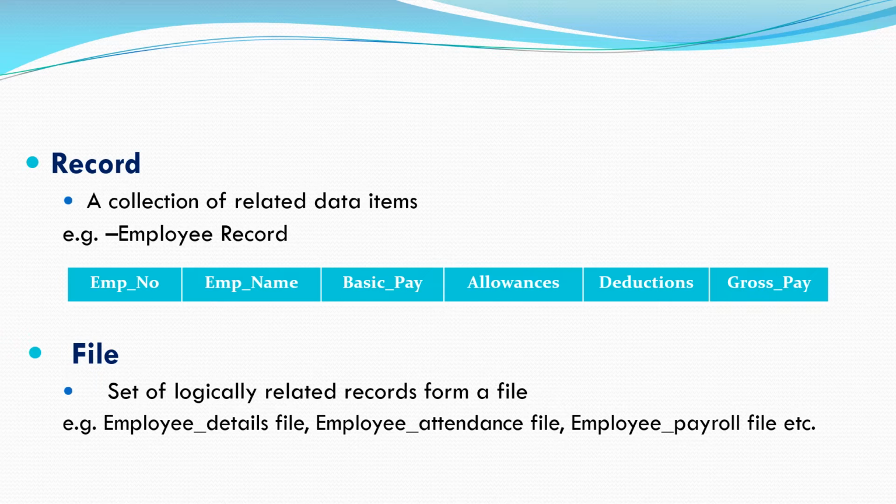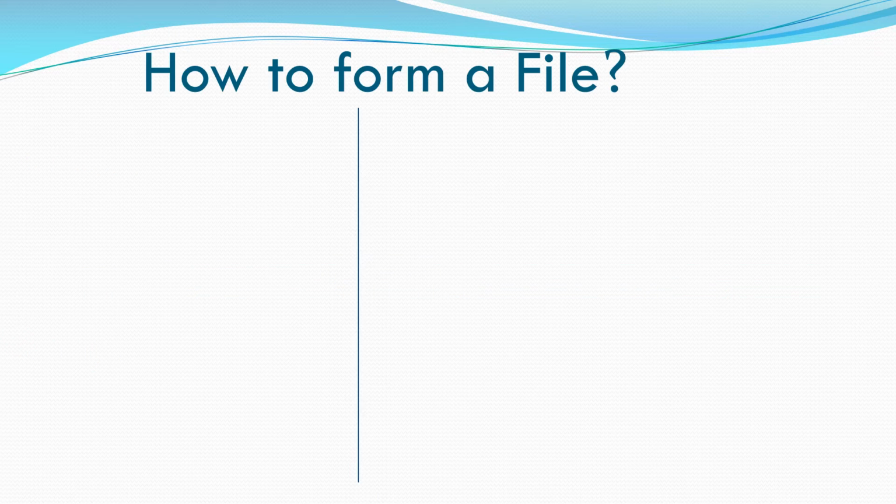If you want to store salary details, at that time we'll create an employee payroll file. And like this, many files we can create where a file contains a set of logically related records. All the data or information is going to be stored in a file.